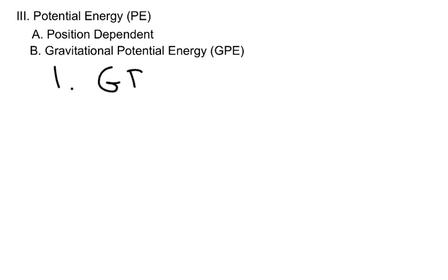Now, GPE has a formula of the mass of the object you're talking about, the acceleration due to gravity, g, and your height above some reference level. Now, there's also a few other things.